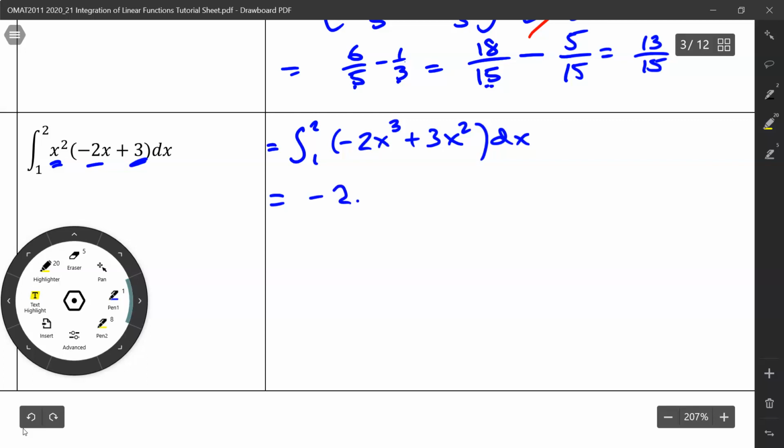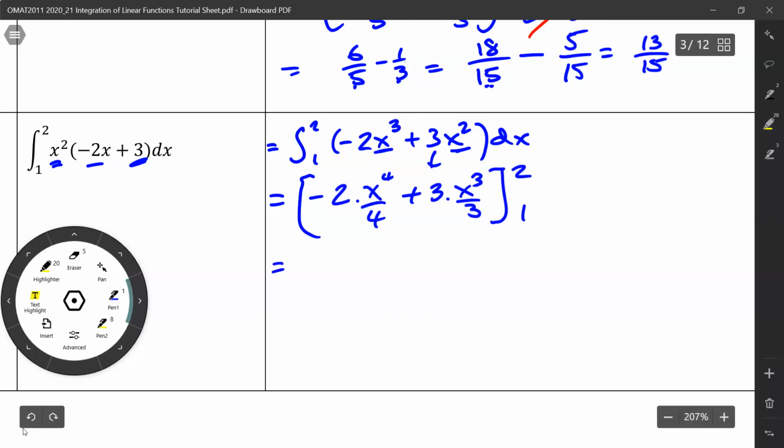It's minus 2 if I integrate it. Just bring my constant down. And x to the power of 3, the integral of that is x to the 4 over 4. Then we come to this one, bring down the 3, and x squared is x cubed over 3. And that's going from an upper limit of 2 down to 1.